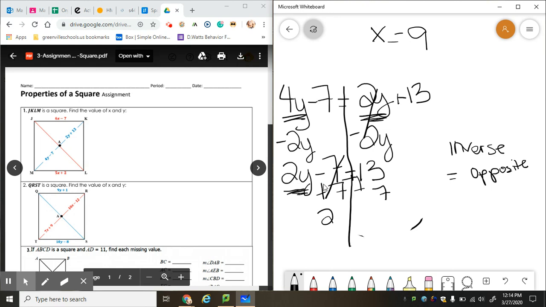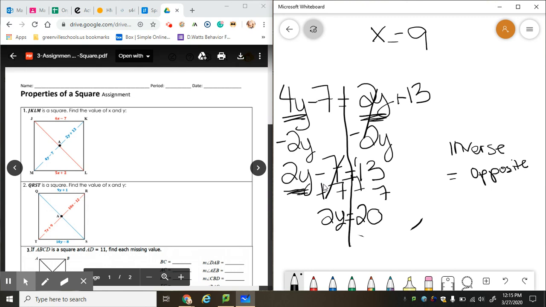Bringing stuff down, 13 plus 7. 7 plus 3, 7, 8, 9, 10 gives me 0 and a 1 carried. 1 plus 1 is 2. That's an easy way to start adding if you have a hard time adding in your mind.